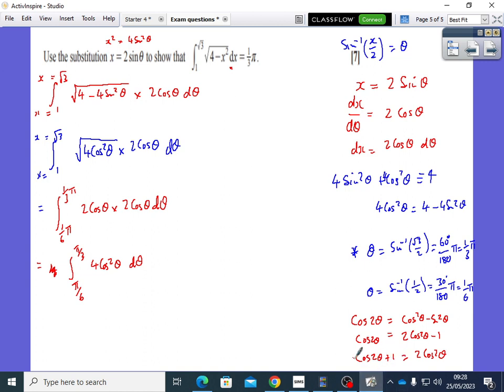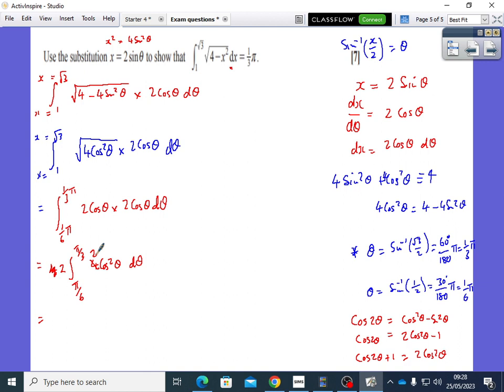Okay, so hold that thought, I'm going to put that into there. However, if 2 cos squared theta equals that, if I double this, I must double everything here. I'm going to take the 2 out, because 2 times 2 is 4, I'm still going to get 4 cos squared theta.